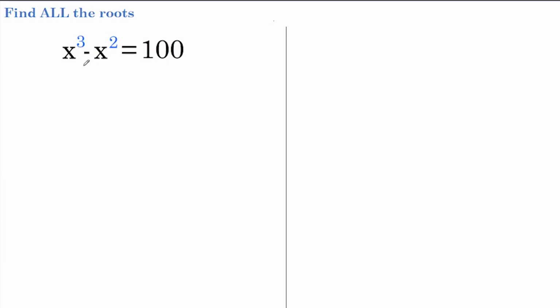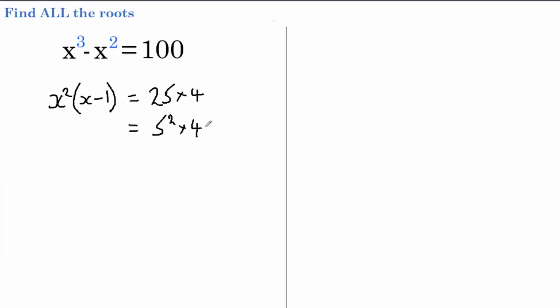Let's factorise this by pulling out x squared. So we've got x squared multiplied by x minus 1 equals 100. And I'm going to call this 25 times 4, which can be rewritten as 5 squared times 4.